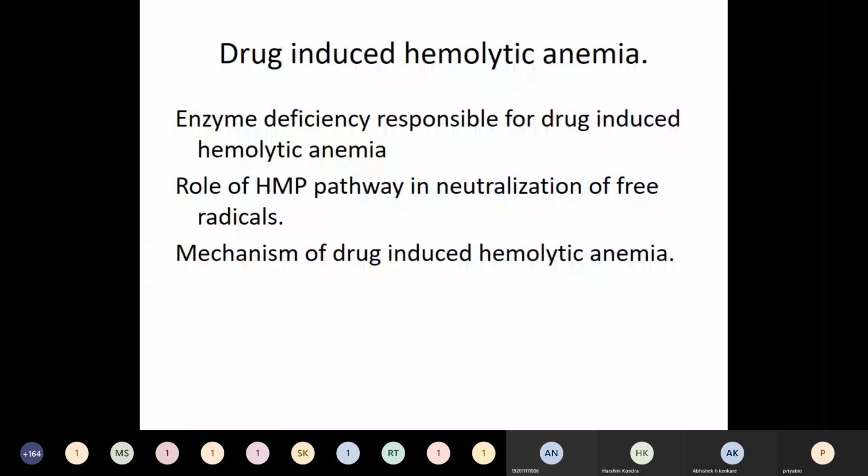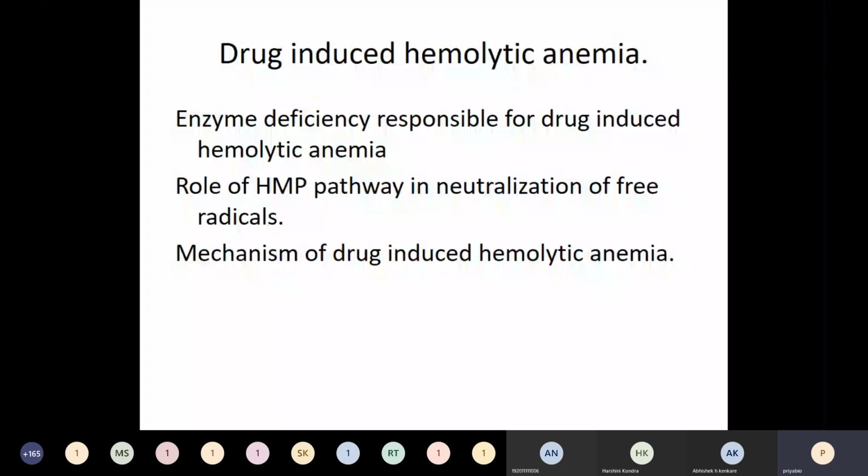Understood? This NADPH helps in the neutralization of free radicals. You know that pathway, how glutathione peroxidase and production of this NADPH occur in the oxidative phase of the HMP pathway.